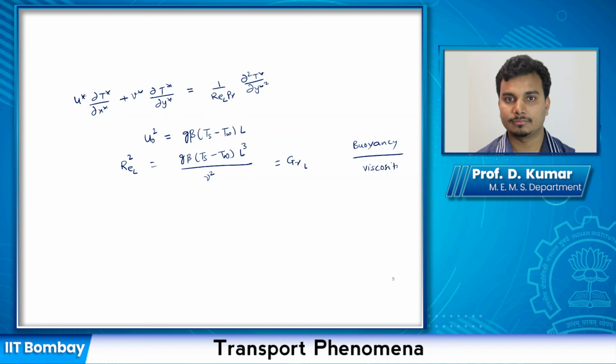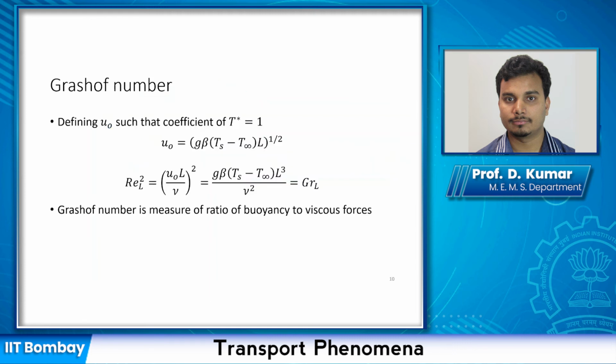So your Reynolds number for forced convection was inertia by viscosity. So this again gives you comparison of buoyancy by viscosity. So we'll look again in detail, depending on the relative magnitude of this buoyancy force versus your usual inertial force, you can define which convection mechanism is prominent, whether it's natural convection or forced convection. Okay, so this we have done.